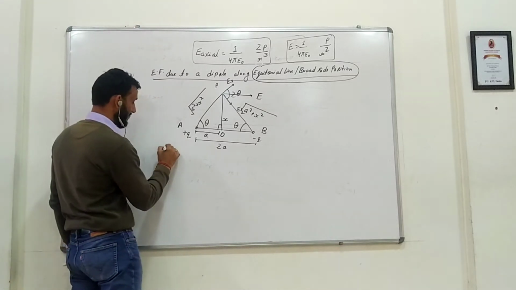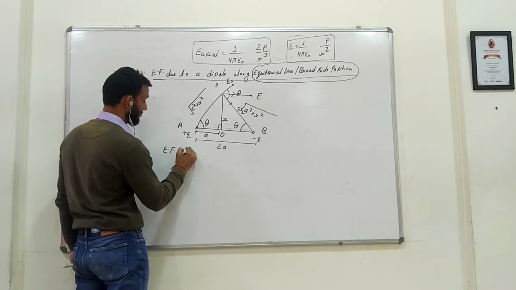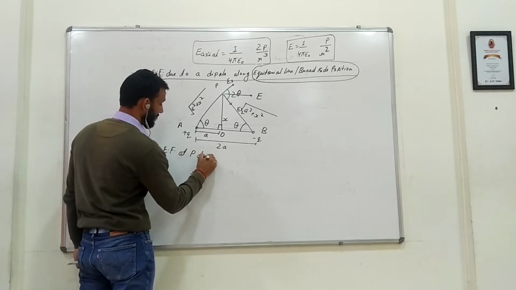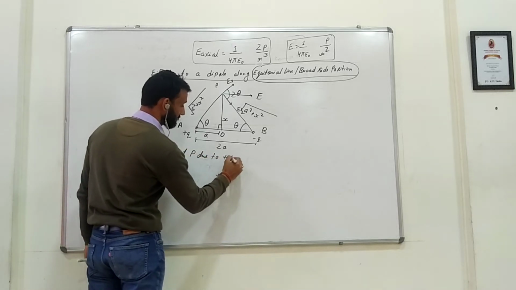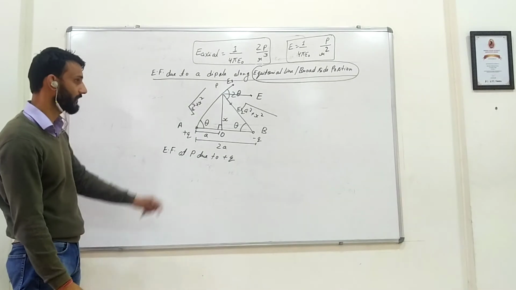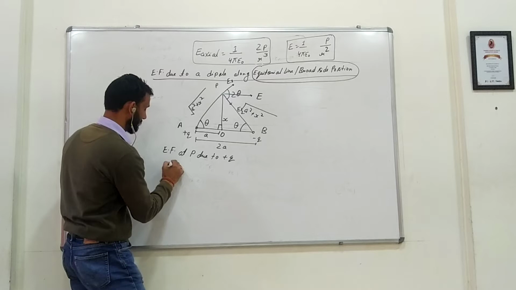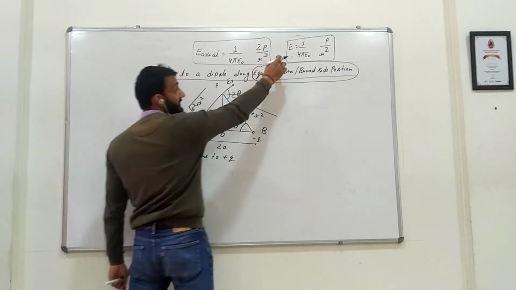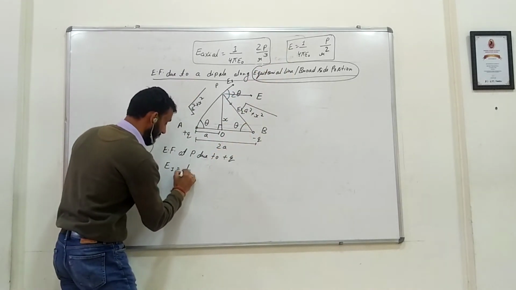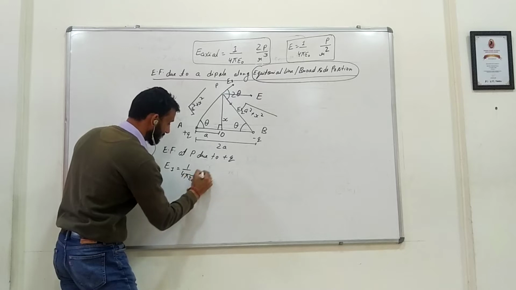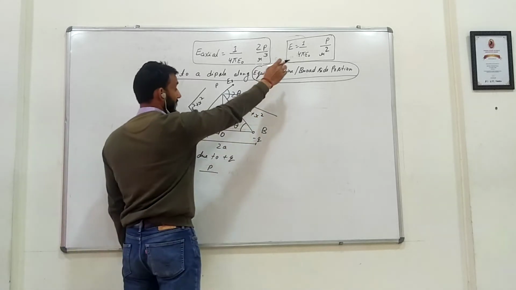So I am going to proceed now. Electric field at P due to plus Q. What will be this electric field at P due to plus Q? It is E1. How much will be E1 using this formula? 1 upon 4 pi epsilon naught q upon r square.